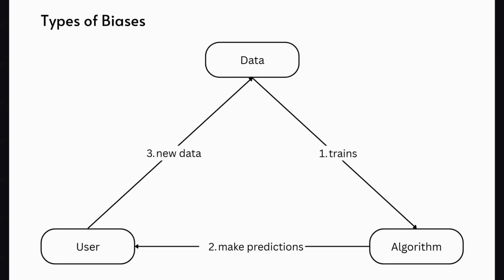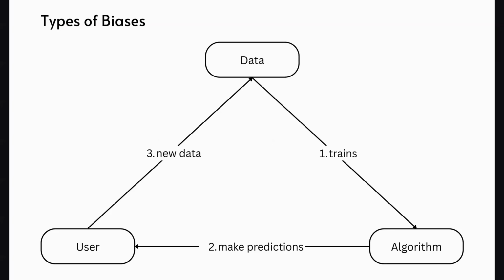Data trains the algorithm, which makes predictions for the user. The algorithm, which you can understand as the model, and the user generates new data with their behavior, how exactly we'll see.